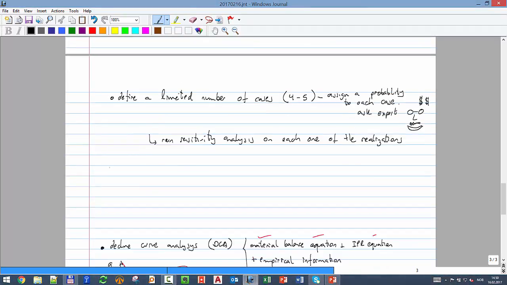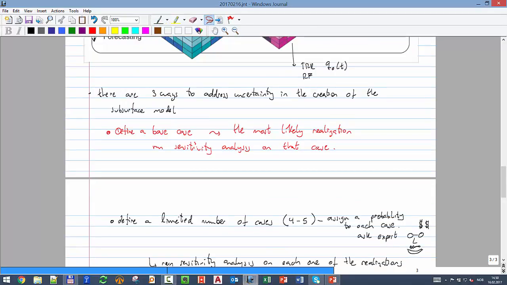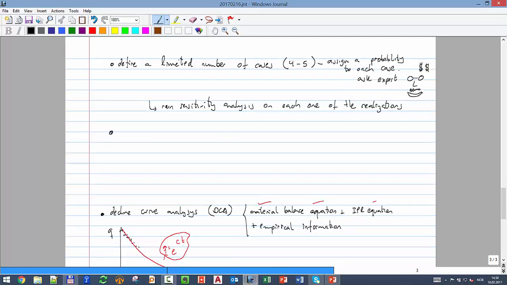And then you're increasing the complexity. Here, that involves some work, not much. That involves a lot more work, because you have 4 cases and you have to run all the sensitivities for each one of these cases. And then you have the final extreme, that is, what have we used for the reserves, if you remember? Monte Carlo.